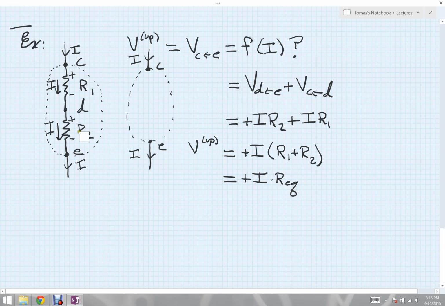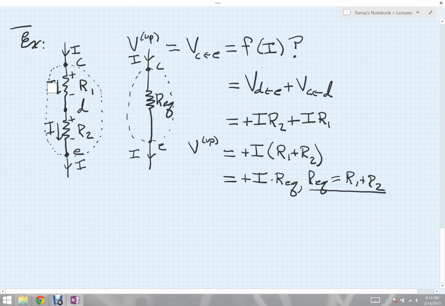So I can replace this combination with a black box that consists of a single resistor with resistance Req, where that value of Req, clearly, to make the equations align, is the sum of the two resistances, R1 plus R2. And if I do that, I will have exactly the same presentation for this equivalent resistor to the outside world as I did for that original combination.